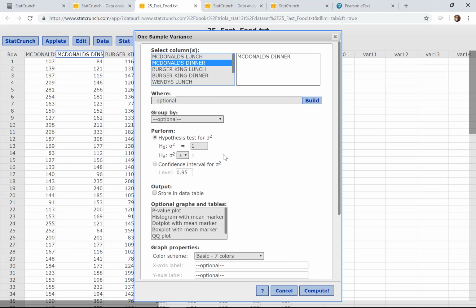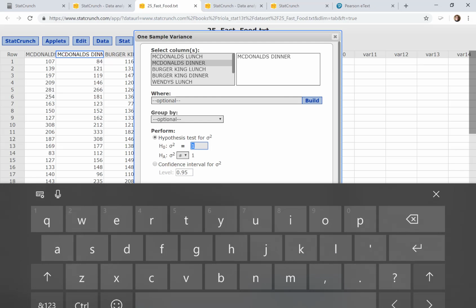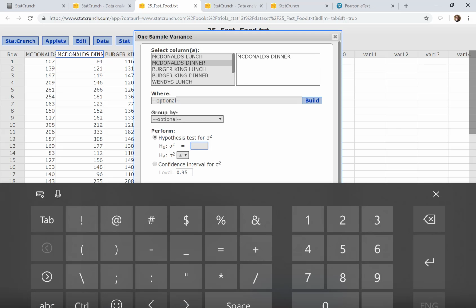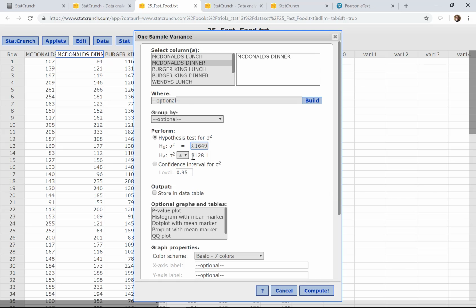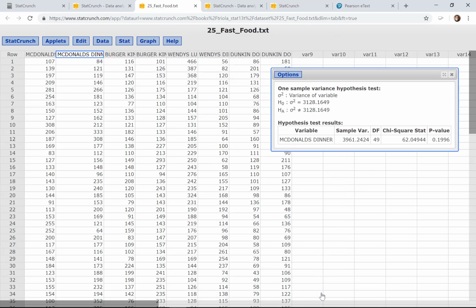So we want to put in 3,128.1649. Okay, and it says test the claim that they have the same variation. So that just means it's either equal or not equal to, so we're good on our alternative hypothesis. So let's go ahead and compute, and let's see what we get.